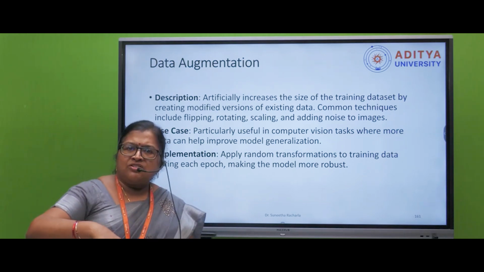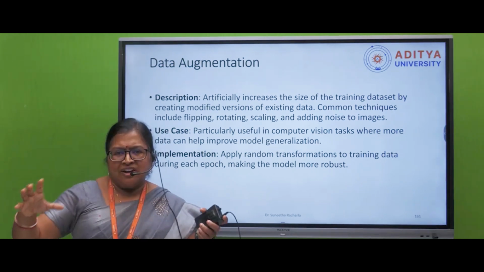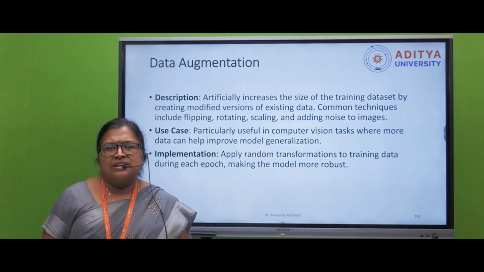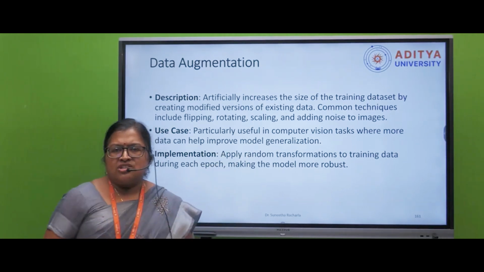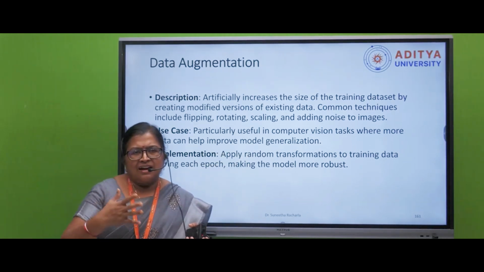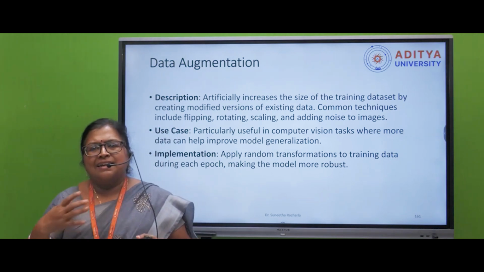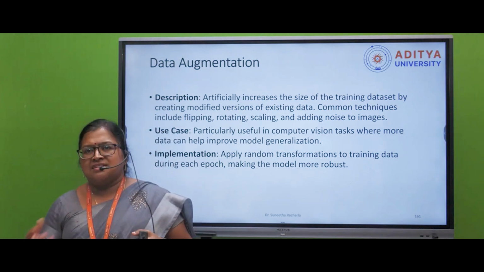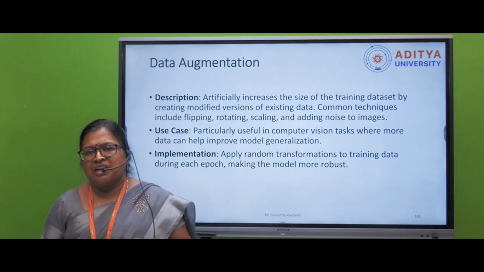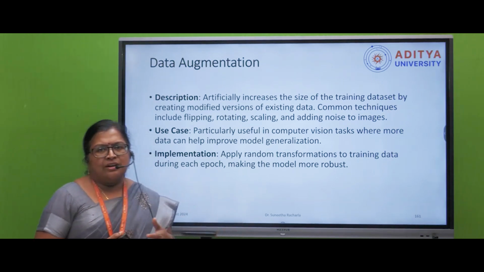Again, I'll do operations on those 100 pictures, and I'll finally make some 10,000 data sets. The meaning is not changed, I just included some noise and some disturbance, and I created more and more data sets using data augmentation. So that is what data augmentation is.